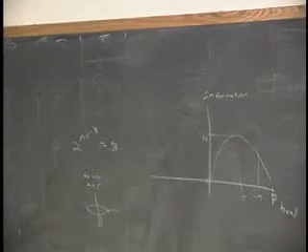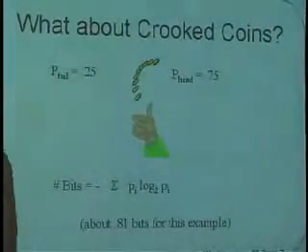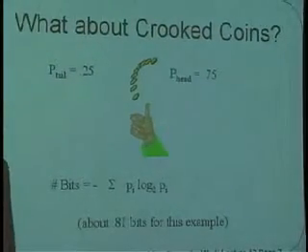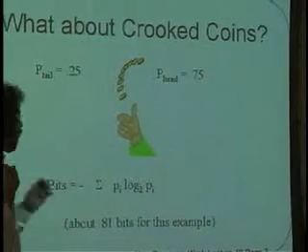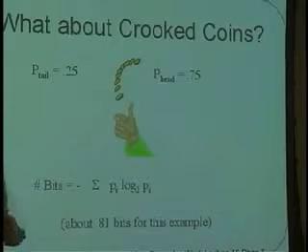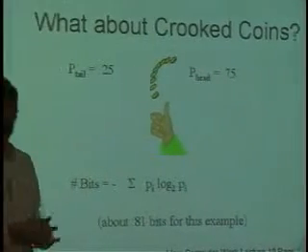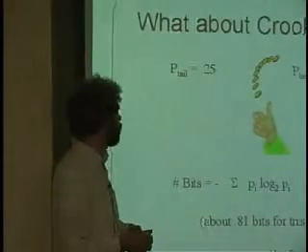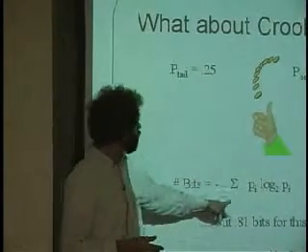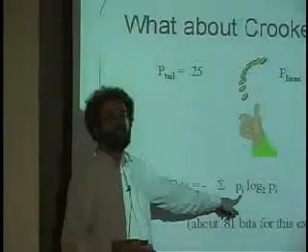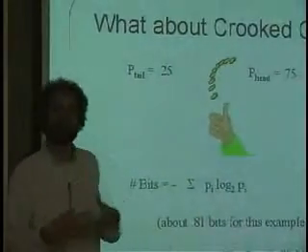So back in the 1940s, there was a guy named Claude Shannon who pioneered the study of this information theory and came up with a very nice formula for measuring how much information there is in a crooked coin toss like this. And here's how it goes. The first thing that you do is you take all of the probabilities of the different events taking place, whether there's 8 of them or 2 of them.